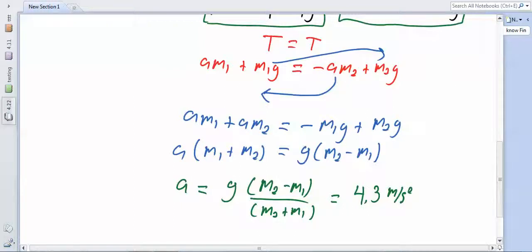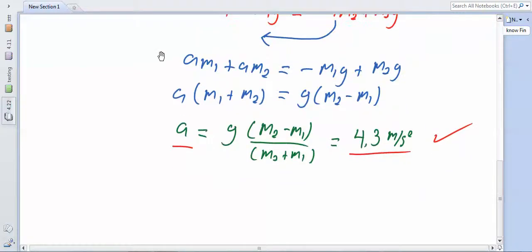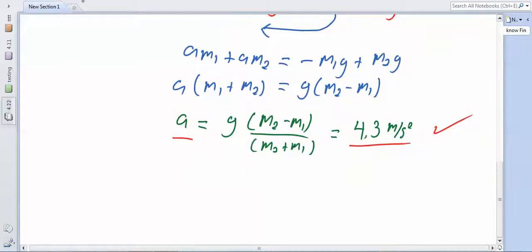So that's equal to the value of the acceleration that now we can use in the actual problem that we want to solve, which is to find the time that it takes for the mass 2 to fall. All right, so part 2 of the problem is going to be kinematics.